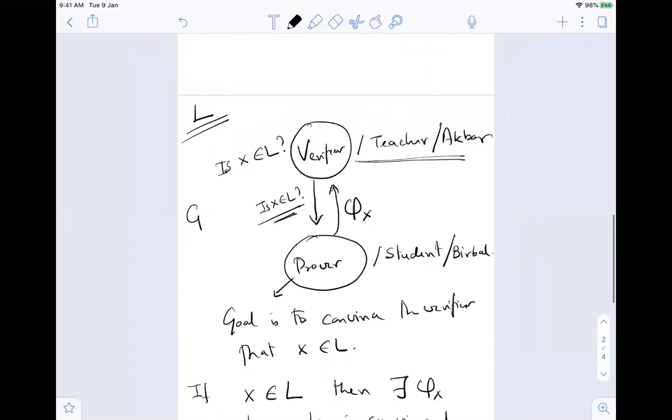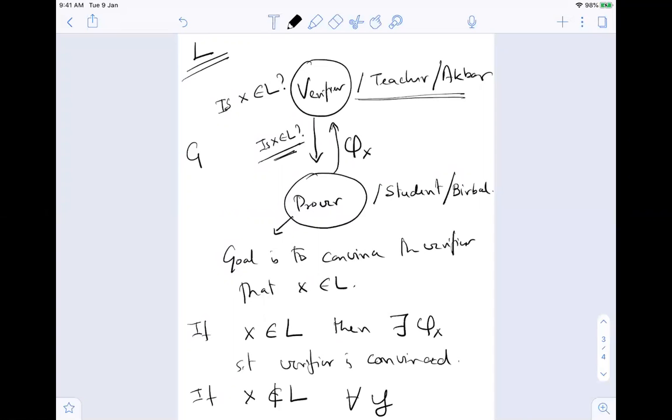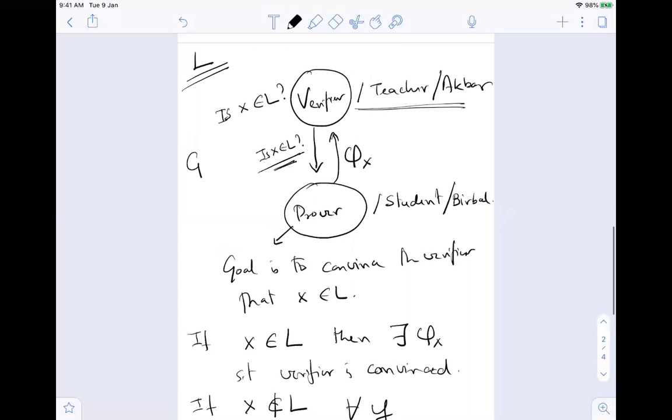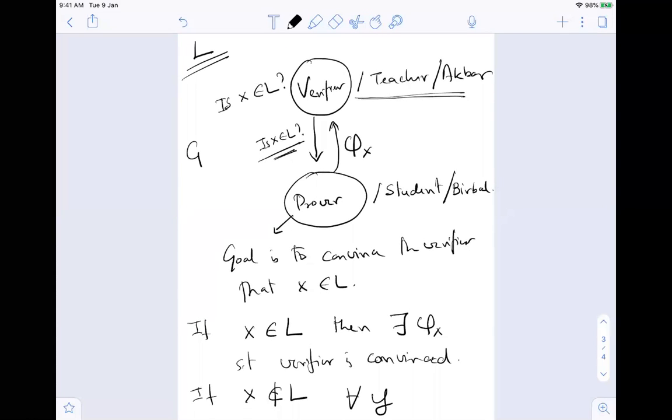So the prover cannot prove that X is not in L. The prover's goal, you can think of it as a one-sided thing: the prover just wants to cheat. Or think of it this way: say the verifier is the judge and the prover is the lawyer.